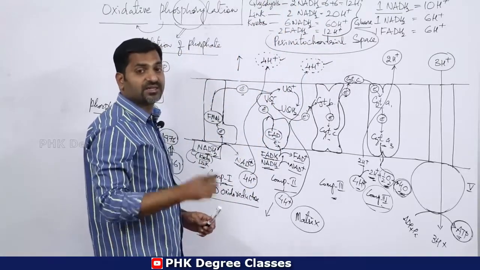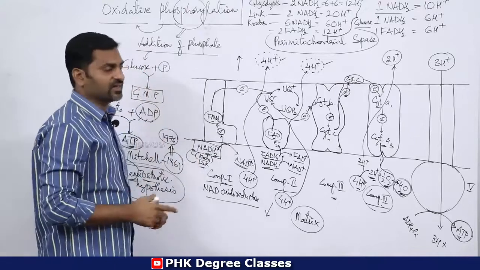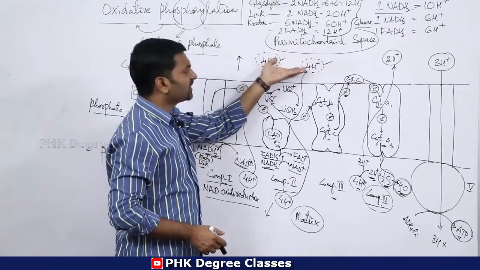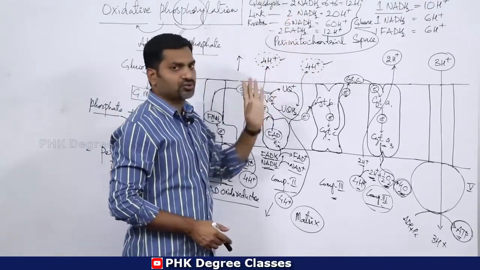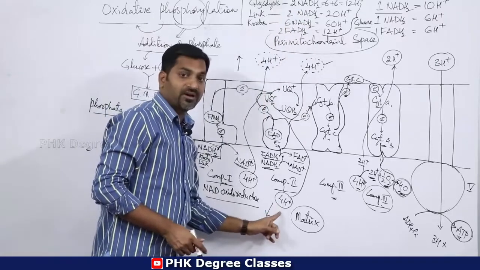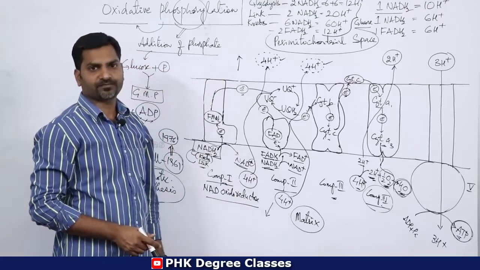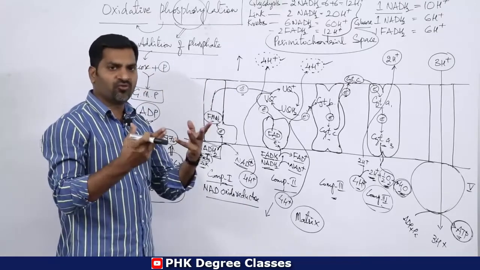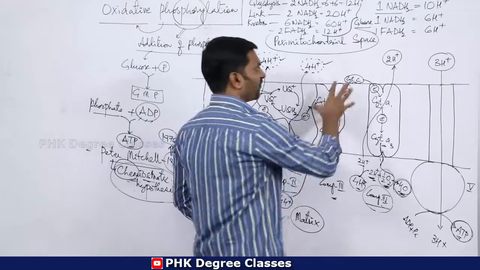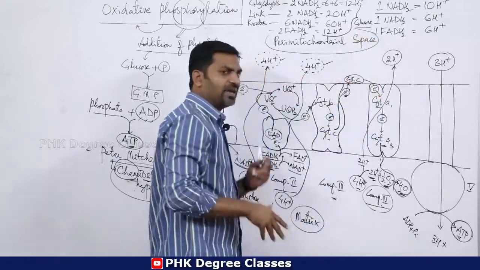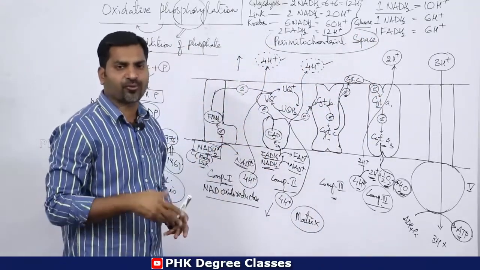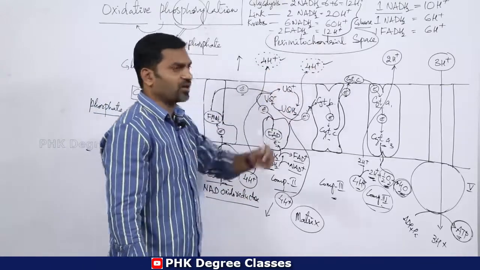That is called the gradient. So the proton gradient is increased in the perimitochondrial space, and the proton number gradually decreases in the matrix of the mitochondria. Clear? Now what happens after reaching the peak level of proton number in the perimitochondrial space?